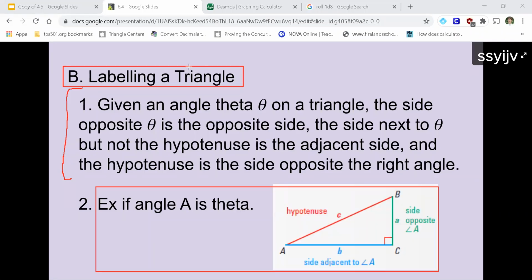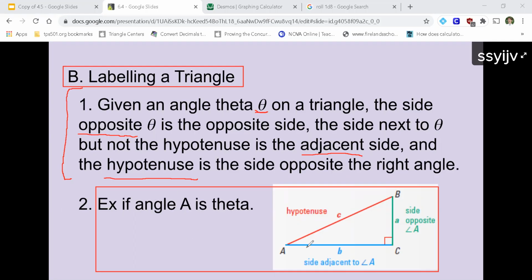So in each problem, I will tell you to use a certain angle, usually denoted by this Greek letter theta on a triangle, and then to label your sides opposite, adjacent, and hypotenuse. And again, you don't really need to write this down because that is going to be explained in this picture right here.